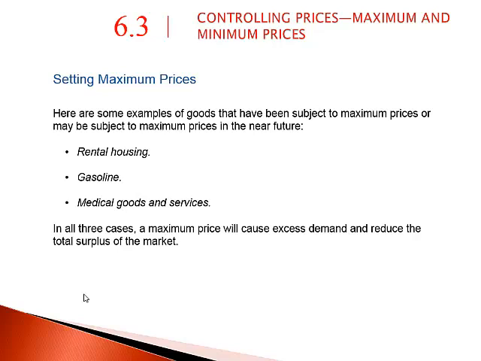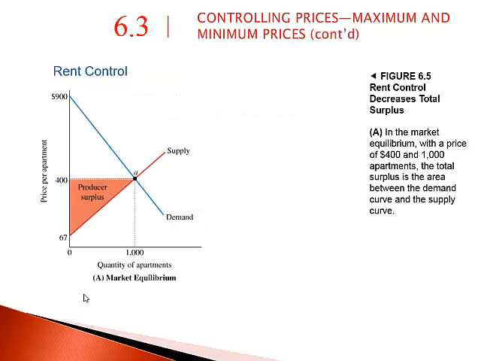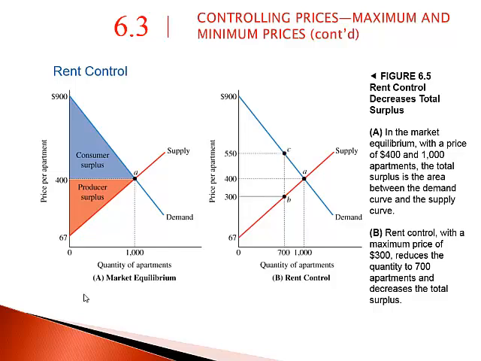Medical goods and services, specifically when the government's paying for them, when it's Medicare or Medicaid, the government likes to put caps on it because we don't want to do every single test for someone who probably doesn't need all the tests. But because of this, it will cause what's known as inefficiency, also known as deadweight loss.